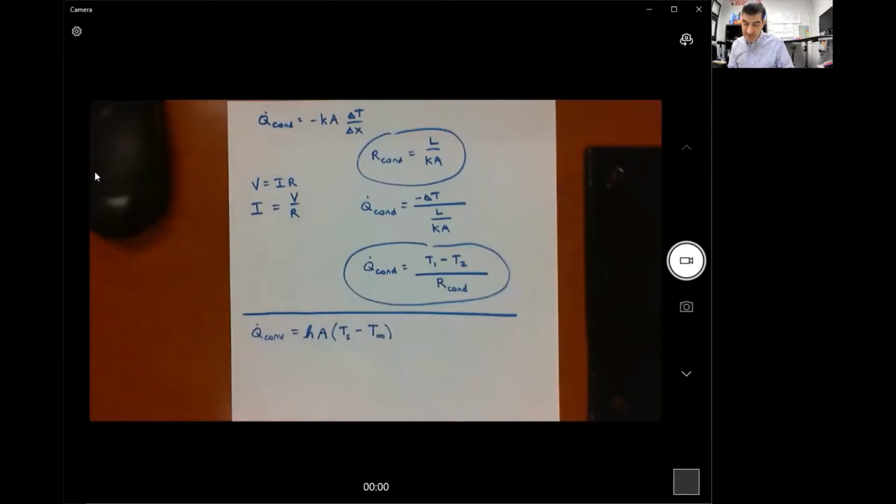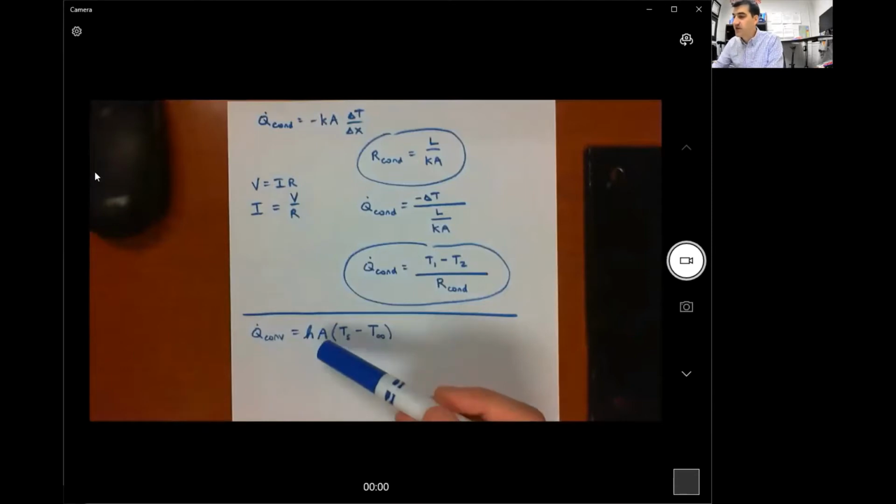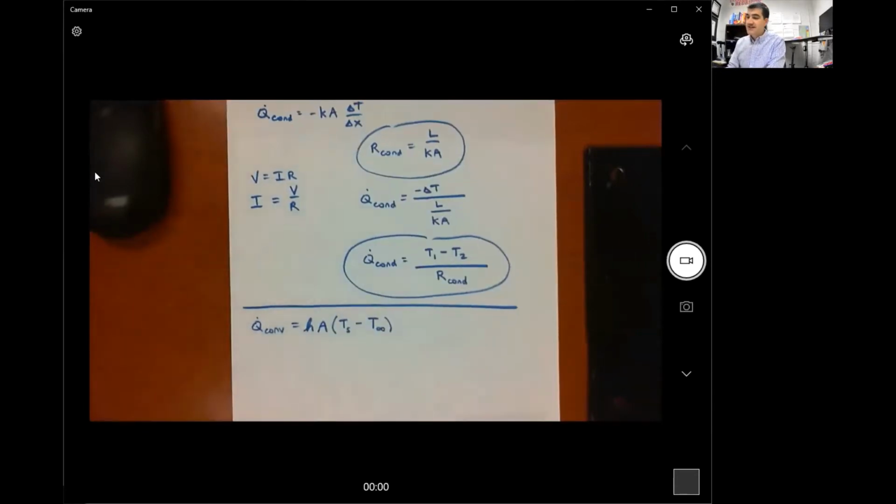What you'll see is that by doing that, we can combine different thermal resistances, say a thermal resistance for conduction with a thermal resistance for convection, and so on, and it's really not that difficult to combine them. Whereas it's not too obvious how to combine this equation with this equation. How would you solve this situation where you've got both of these combined? Well, it's difficult to do unless we can talk about thermal resistances.